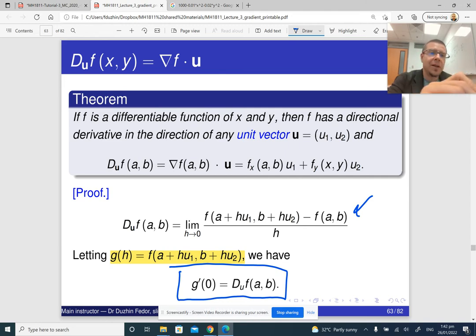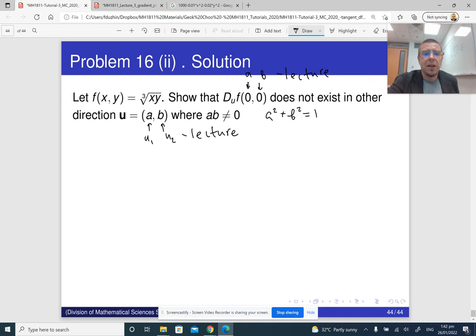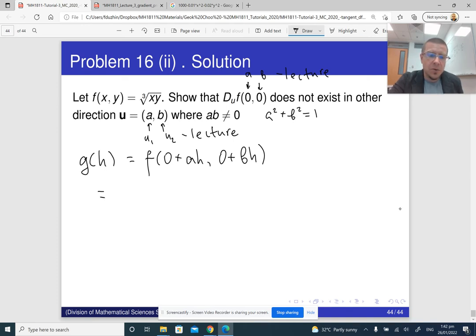So this new function g of h is going to be f of 0 plus ah and 0 plus bh, which is the cube root of ah times bh.